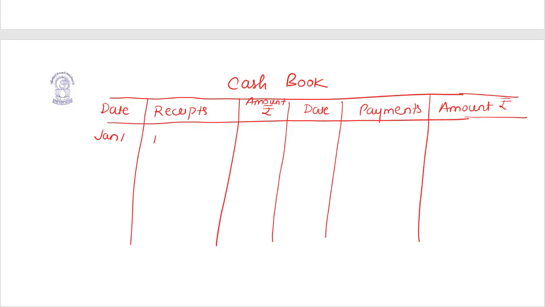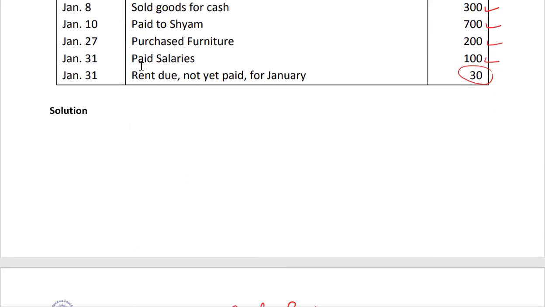January 1 we have opening balance, so to balance brought down. What is the opening balance? 1200.